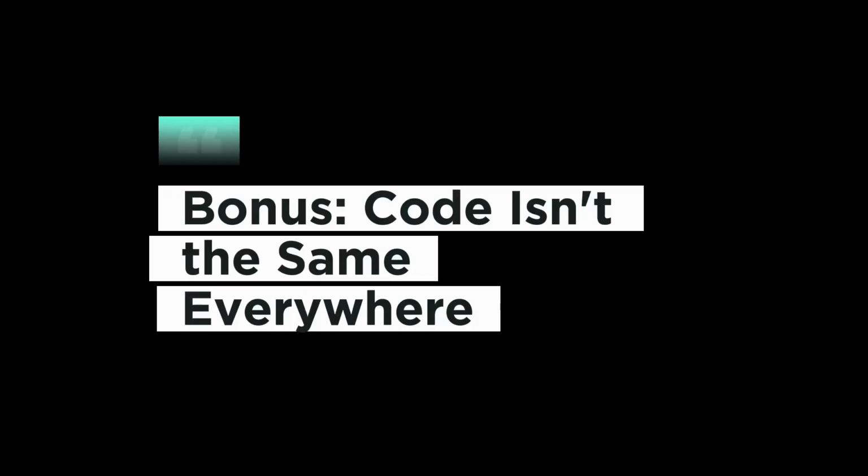Now that we know all the 5 violations that we see very often during an inspection, it is important to know that we have to remind ourselves that code isn't the same everywhere, and codes are also not the same for any type of project.